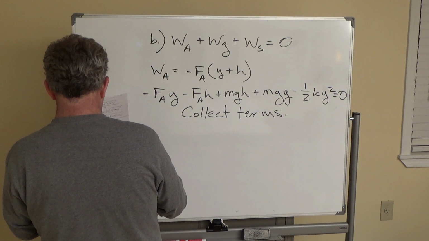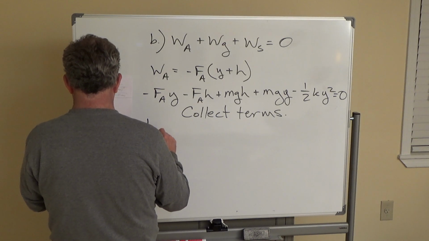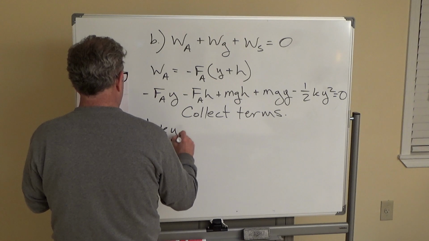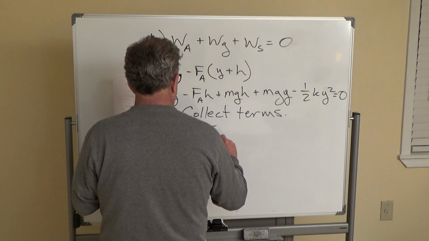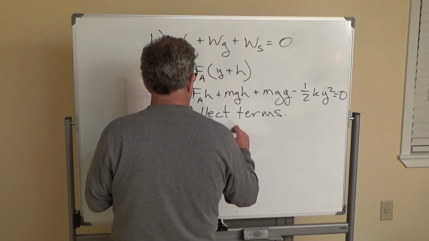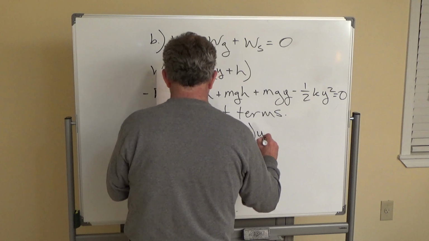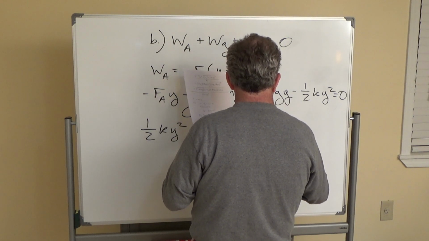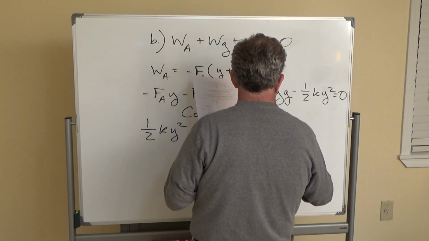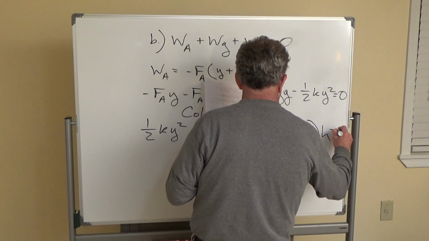And here's what I came up with. 1/2 KY squared plus (FA minus MG) y plus FA minus MG times H equals 0.